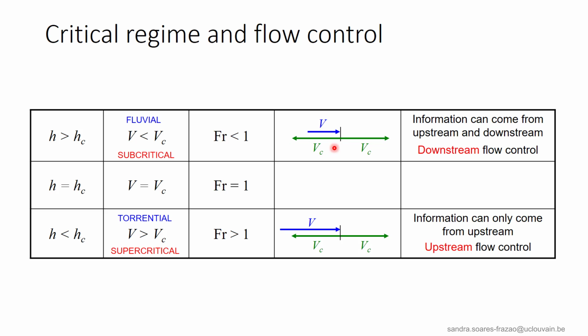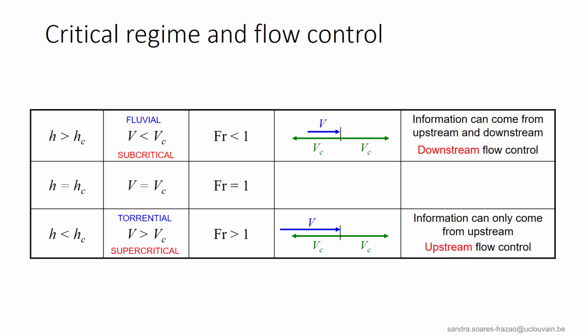On the opposite, if the water depth is smaller than the critical depth, the flow is supercritical, which means that the flow velocity is larger than Vc and the Froude number is larger than 1. The information can thus only travel in the downstream direction, and therefore the flow is said to be controlled by the upstream conditions.